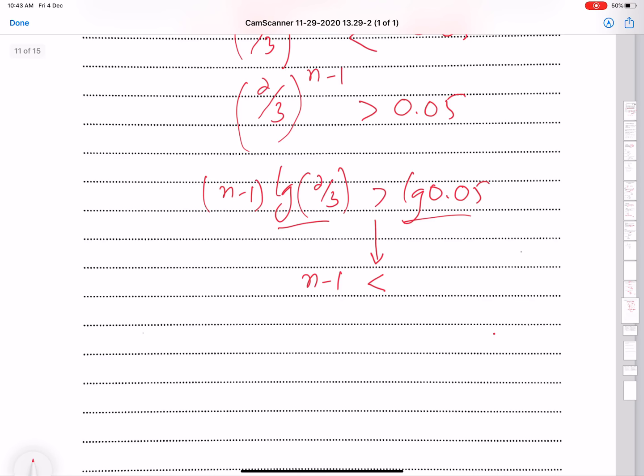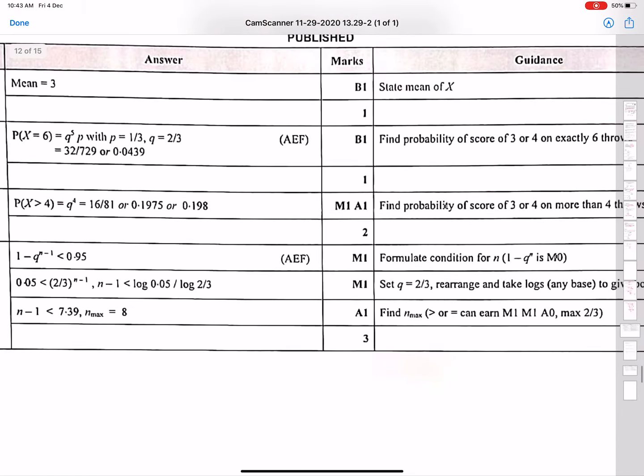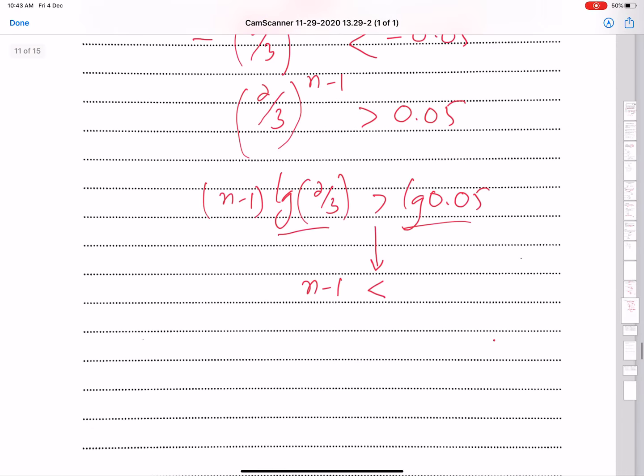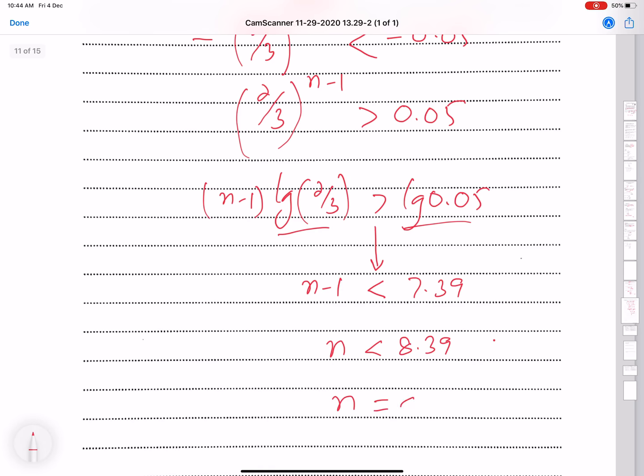Now, I'm not using a calculator. Let me check the solution. It's 7.39. You can check this in your calculator later. So this will be 8.39. Therefore, the integer value of n, the greatest integer, will be 8. So this is the way.